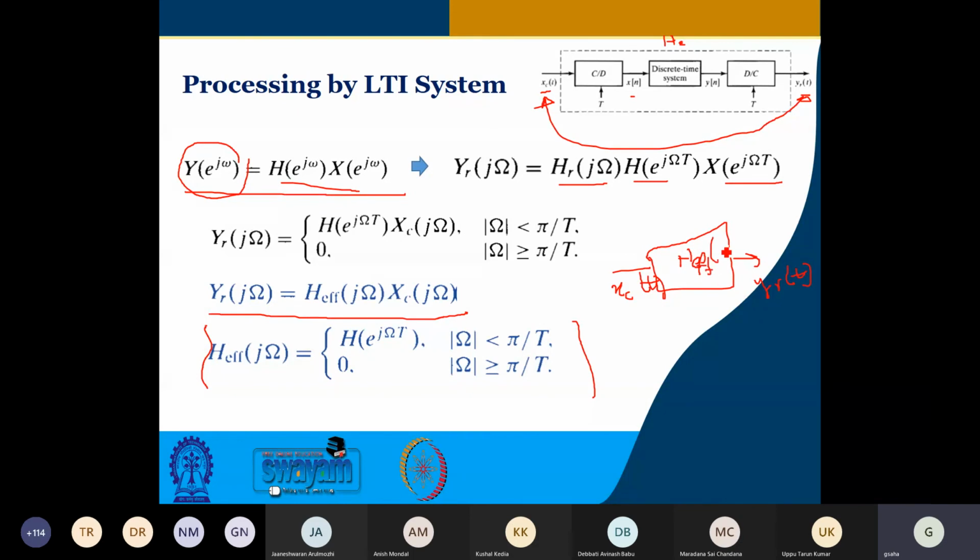Because it is continuous time, it is now the standard Fourier transform. This capital Omega is in the continuous time domain. So what is this H effective(jΩ)? This is H(e^{jΩT}) that we already know, which is defined by this discrete time system, right? And this reconstruction puts the condition that it is within these cutoff frequencies like this. Okay.